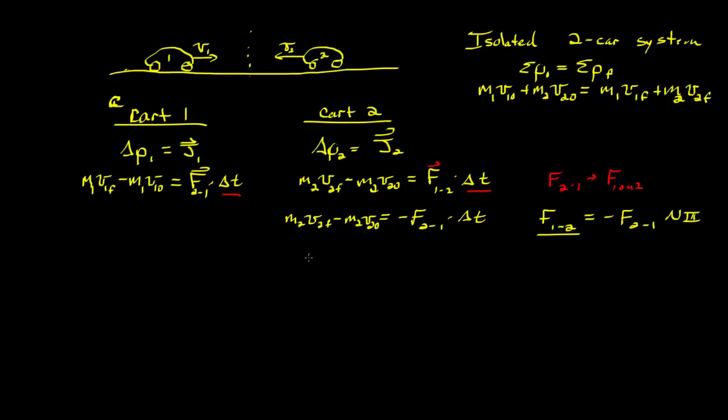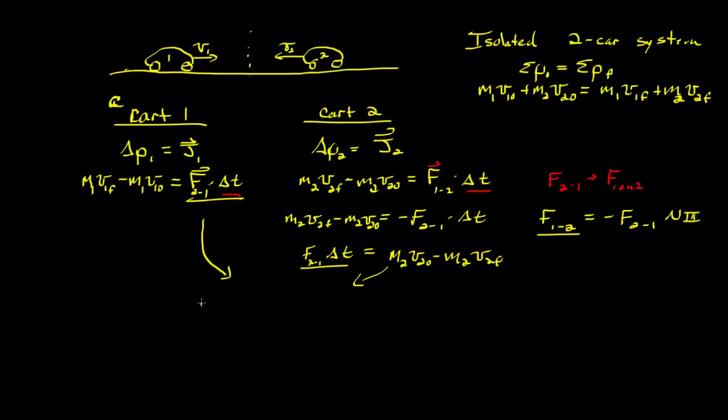So I'm going to rewrite everything. The force of 2 on 1 delta t is equal to, multiplying everything by negative flips the order of these, so we get mass 2 v2 naught minus mass 2 v2 final. Now we have this, and these are the same things. Therefore, this equals this.